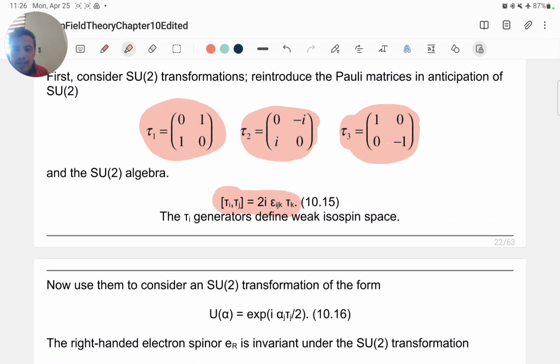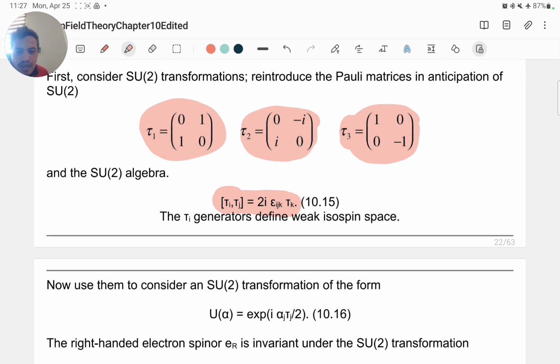By the way, the tau i here are generators associated with the weak isospin space. Your epsilon ijk here would be equal to 1 for cyclic permutations of ijk, and for the non-cyclic permutations of ijk you have epsilon equal to -1, and they will be 0 when the indices repeat.